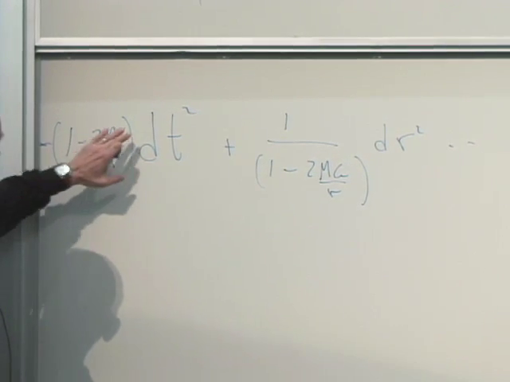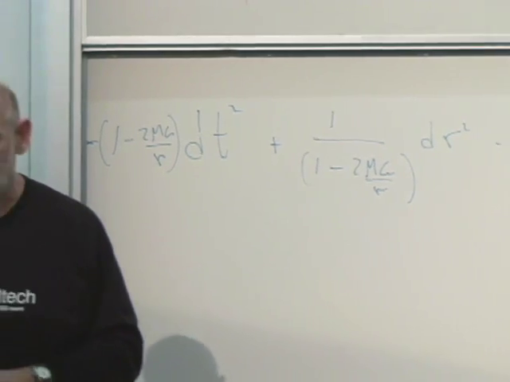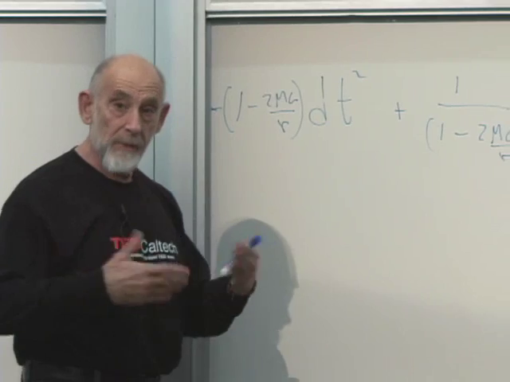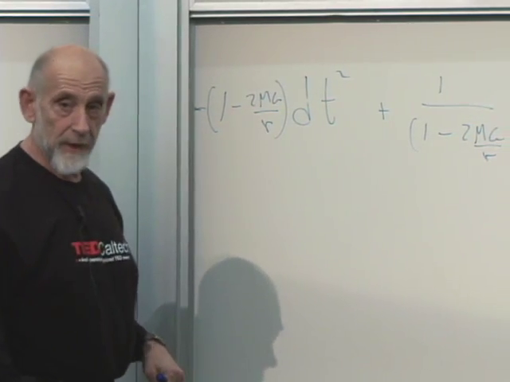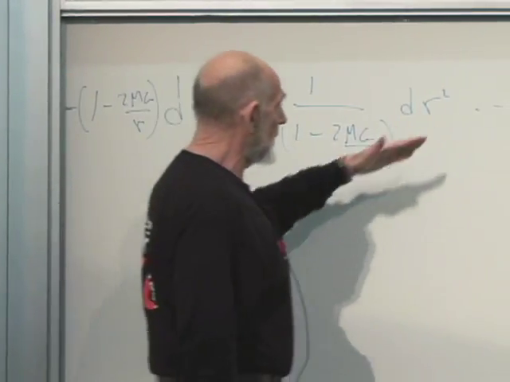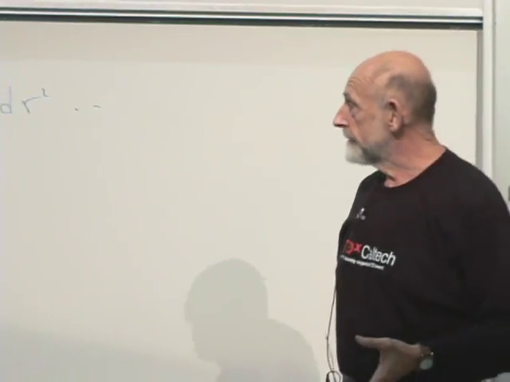The term which has the negative sign is always time. You always recognize time, or the time-like variables, by a minus sign in front of their metric. You recognize the space-like variables, ordinary space, by a positive sign in the metric.